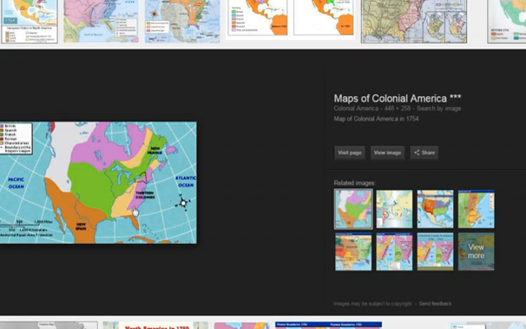Then you have the 13 colonies down here. You also have British claims up here. You have New Spain, which extends all the way down to South America. Notice Florida is still part of Spain, and it will be for quite some time. Then you have uncharted territory out here, and even Russian claims up here in the Pacific Northwest. So all of these different colonial empires are in here.